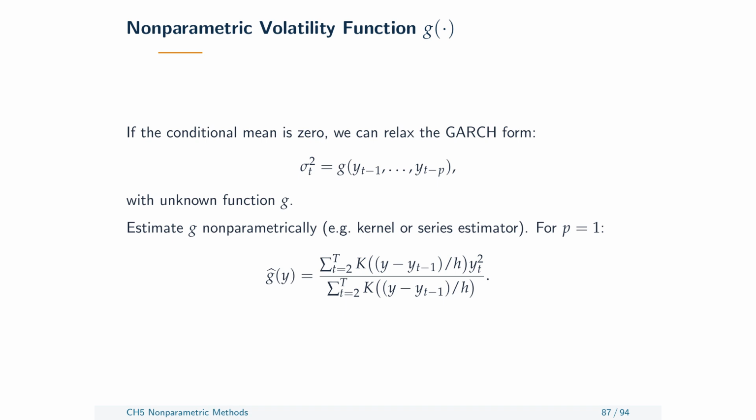A sound R workflow starts with a clearly timed information set. Construct lagged predictors without leaking future values, estimate any preliminary mean model, and reserve a later period for evaluation. Standardize predictors when helpful, but preserve an interpretation in original units.